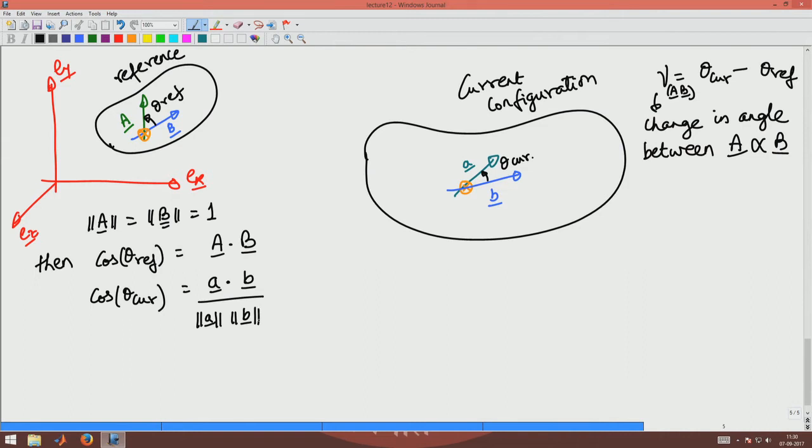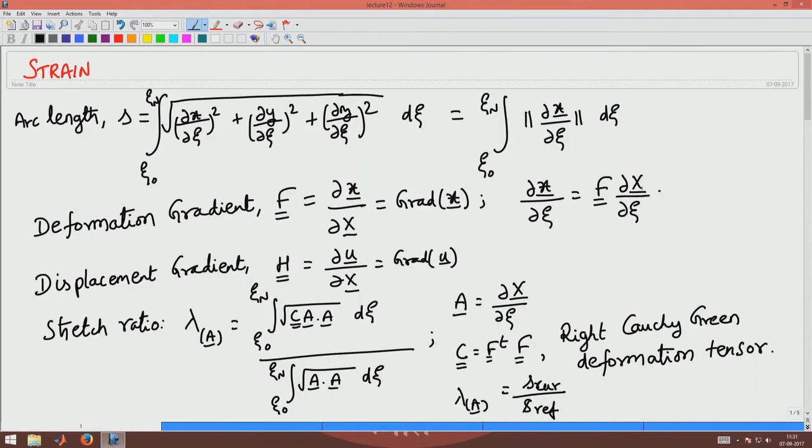Okay. Now, from our definition of deformation gradient, you know that a straight line maps on to a straight line. Okay. So, what does the deformation gradient do? It maps capital A to small a like this, right. That is the mapping that we saw coming from our definition of deformation gradient. Dou X by dou psi is capital A, dou small x by dou psi is small a, okay.